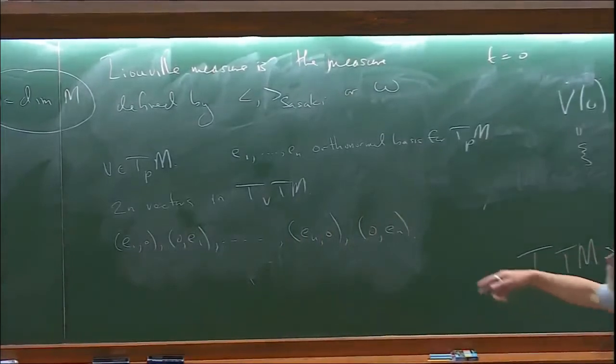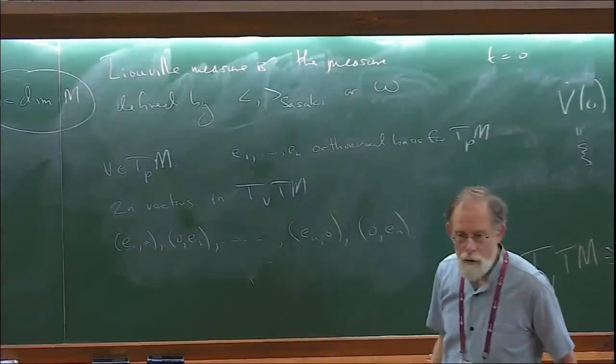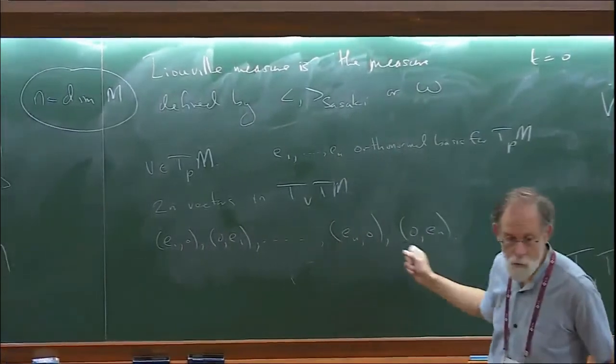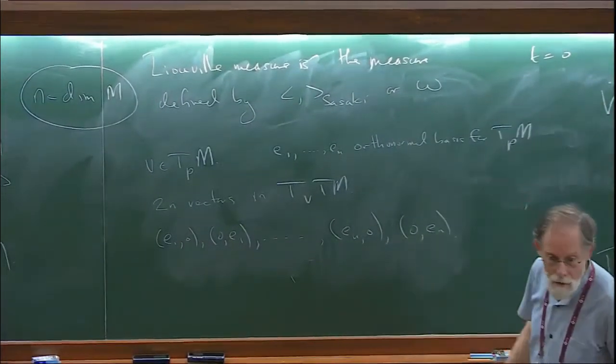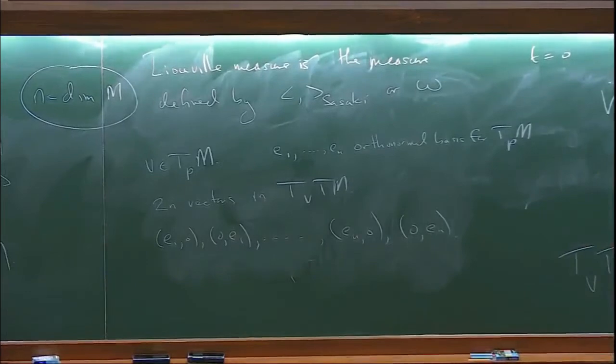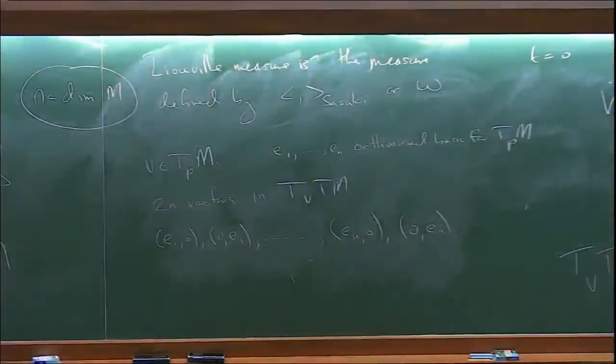And if you think about the Sasaki metric, it's really clear that these are all unit vectors. It's equally clear that they're pairwise orthogonal. So there is a Sasaki orthonormal basis. And then if you start plugging them into omega, you get whatever the symplectic equivalent of an orthonormal basis is.